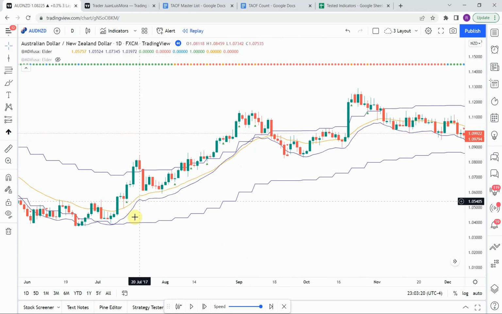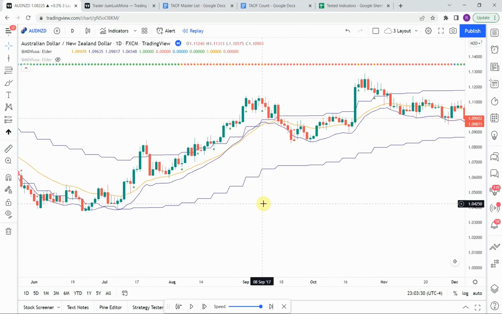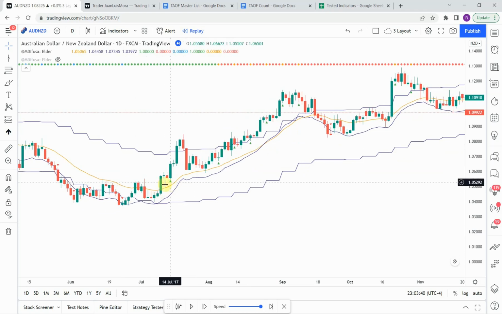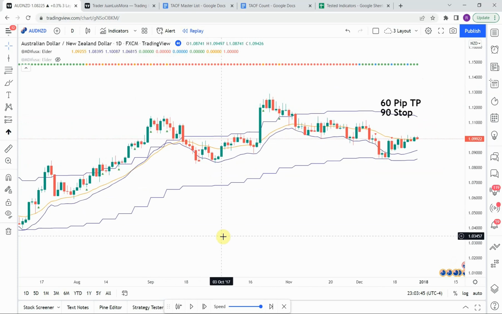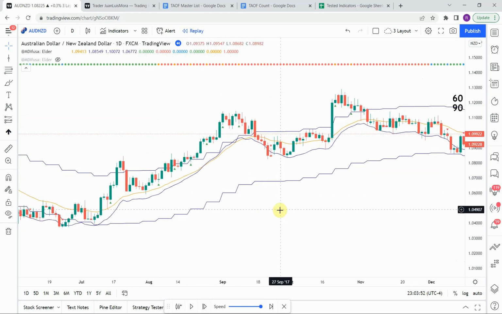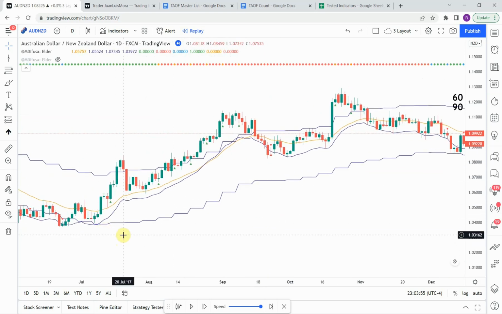So what we're looking for is when we get a green arrow and/or a red arrow, and price action is either above the orange oscillating line here. And so if we get a green arrow, we want price action to be above the orange line. If we get a red arrow to the downside, then we want price action to be below the purple line, the purple oscillating line there.